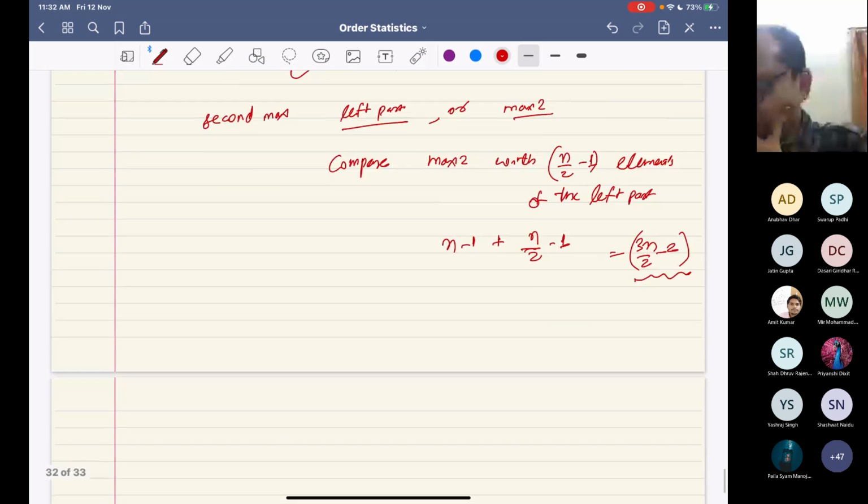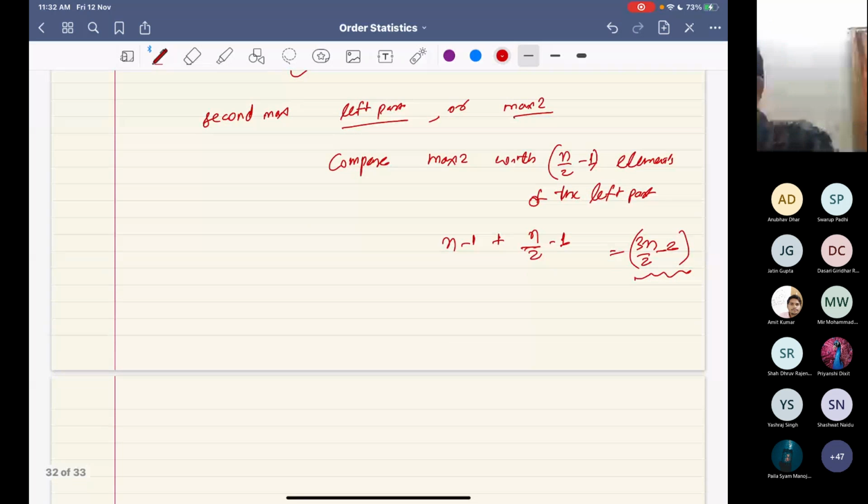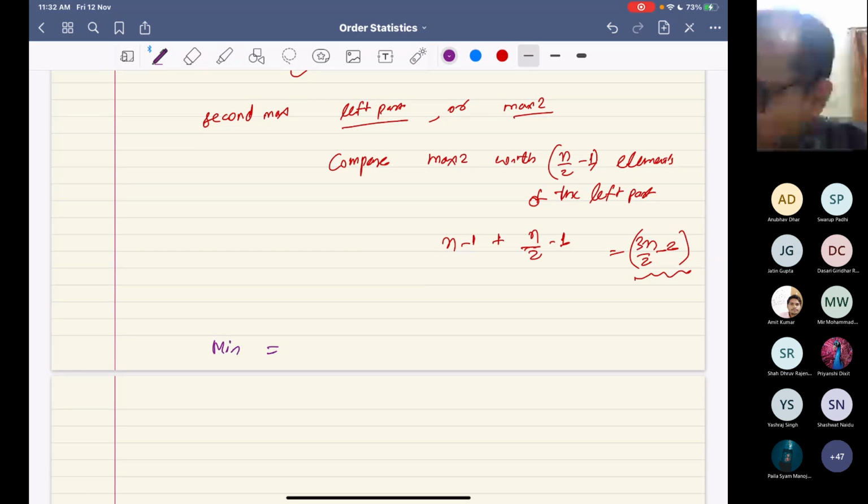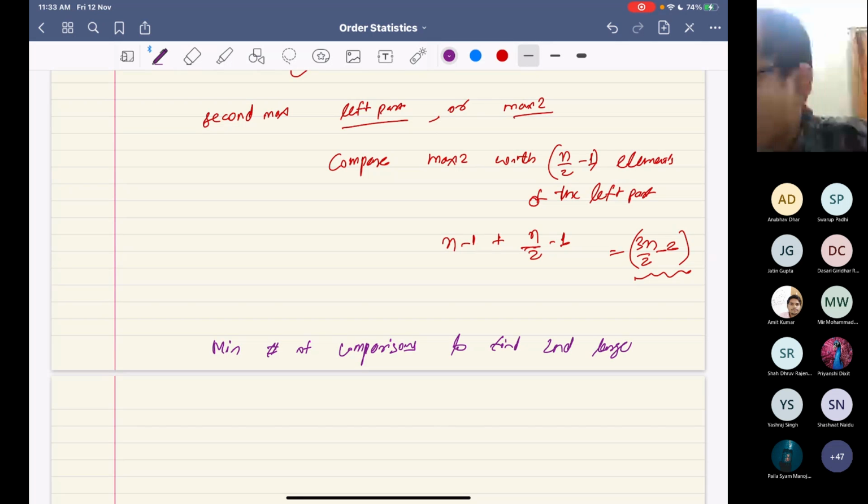Okay. So now, what is the minimum number of comparisons to find the second largest element?